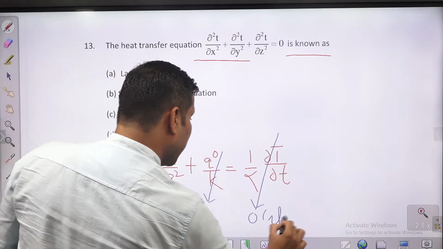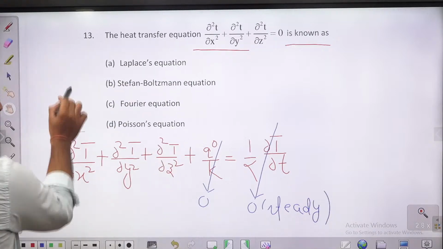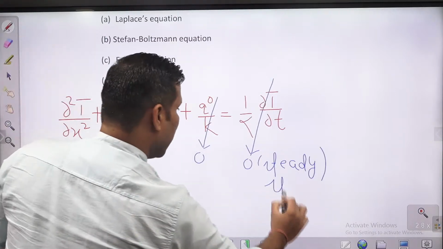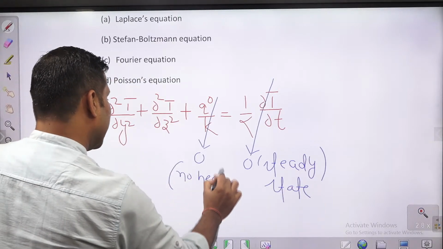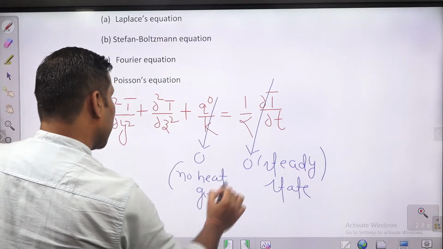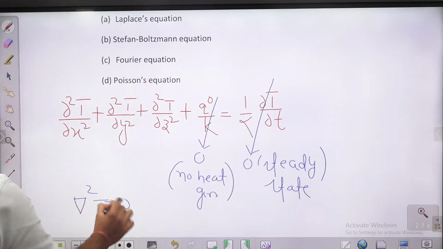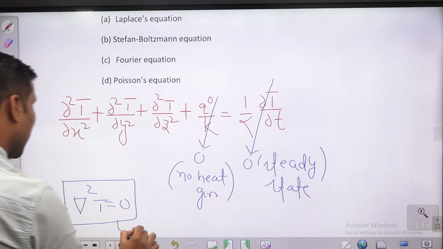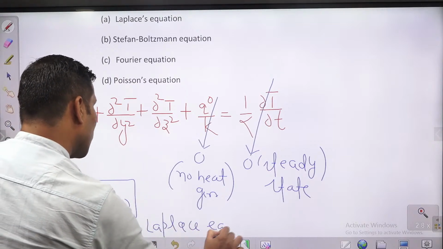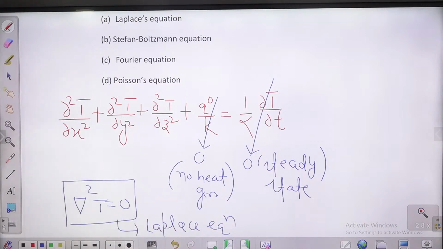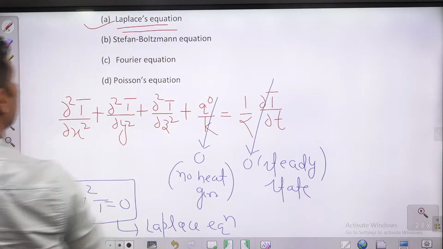If you have steady state as well as no heat generation, then which equation does it become? The equation becomes the Laplace equation, del 2T equal to 0. So this equation is known as the Laplace equation. So the right answer for this question will be option A.